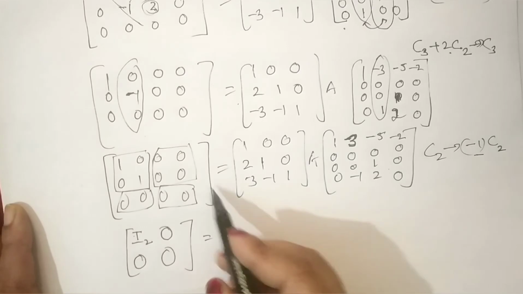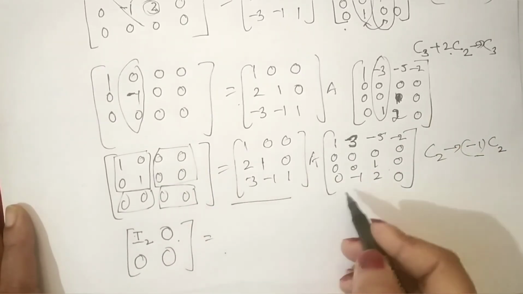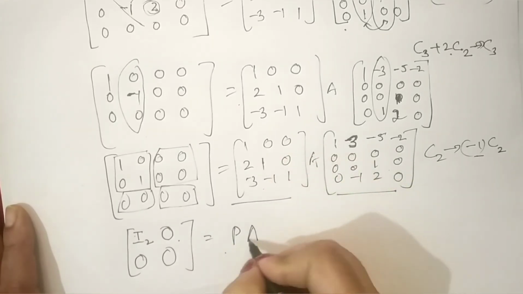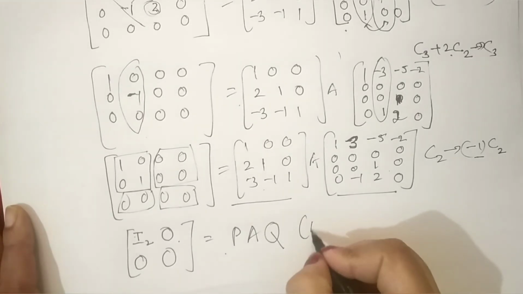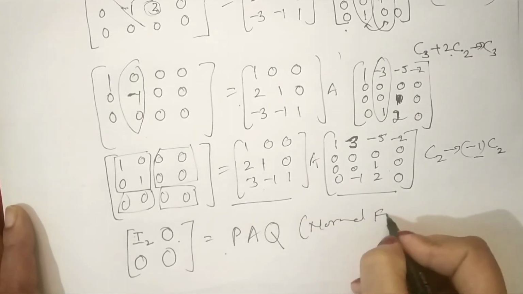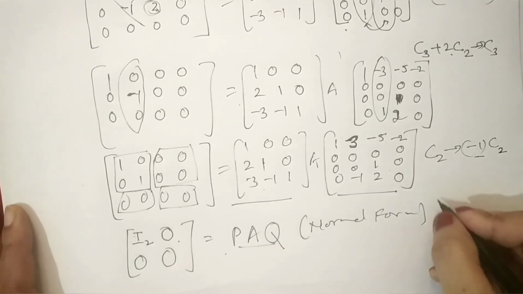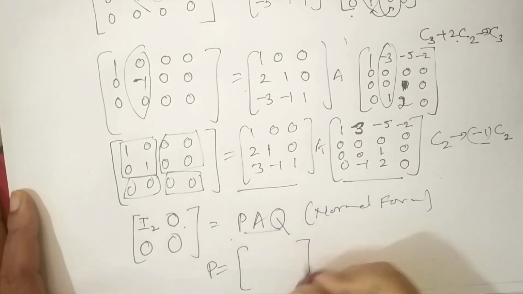Here when you convert this into normal form, the question was, what are these two matrices? This is our P, A at its place, and this is Q. So PAQ becomes the normal form because it is equal to I2. And if you have to write the value of P and Q, you can write P according to the row operation.